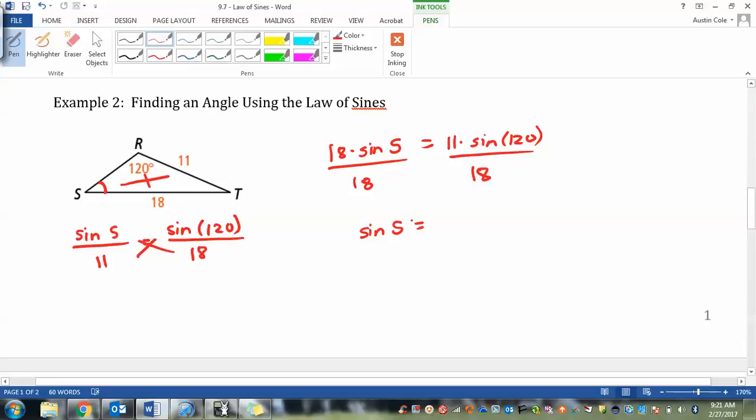Now in our calculator, everyone do this with me. I don't have my calculator up here, it's not working. So take 11 times the sine of 120 and hit enter, and then divide that by 18. 0.529. Now what is that? Is that a side? Is that an angle?